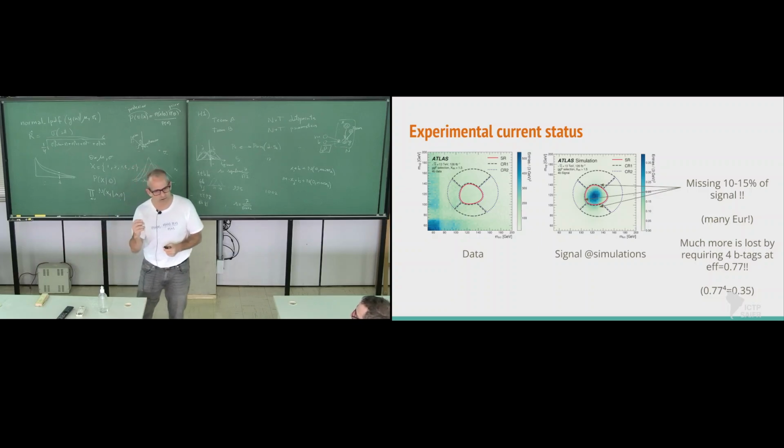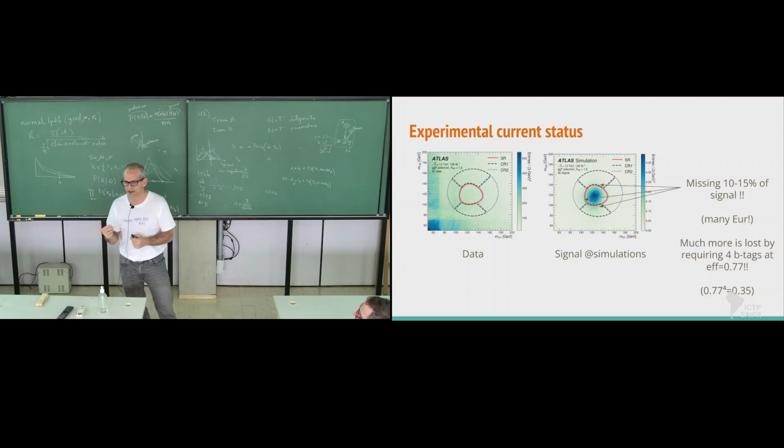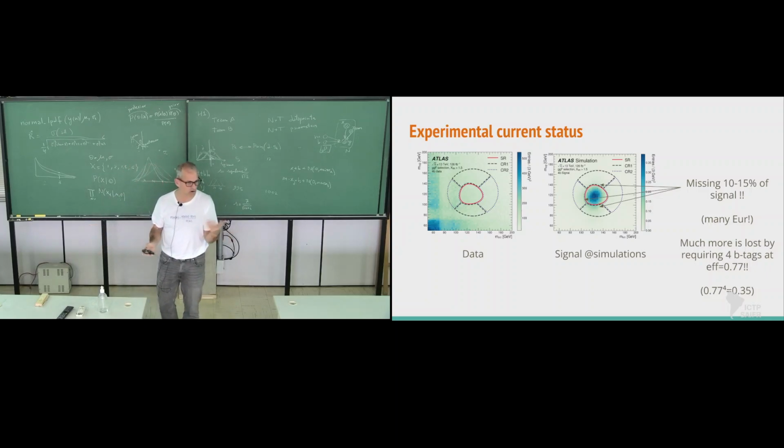Because when you say S over square root of B, at the end you are doing a number versus a number. You are reducing a multidimensional space to one dimension. So it is not hard to imagine a setup where if you see in one dimension, you don't see anything, but if you see in other dimensions, you do see a correlation or whatever. Okay, so now we go for this.